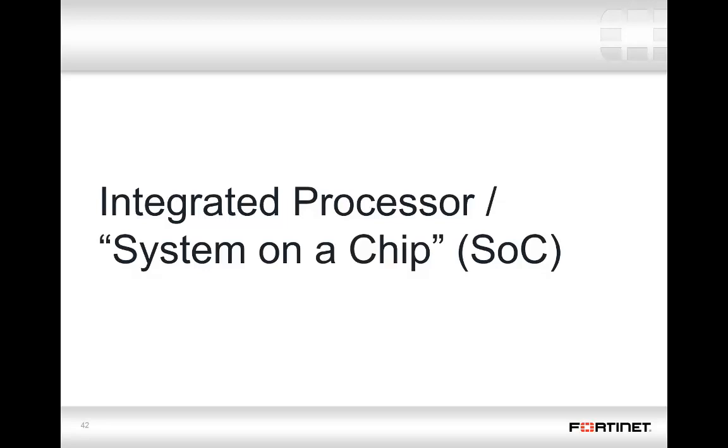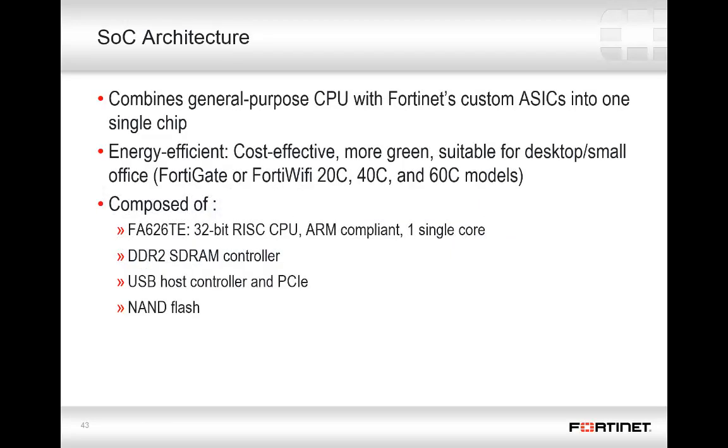Finally, we are going to talk about the integrated processor, which is also called System on a Chip. The System on a Chip combines a general-purpose CPU with Fortinet's custom ASIC processors NP, SP, and CP into a single chip.